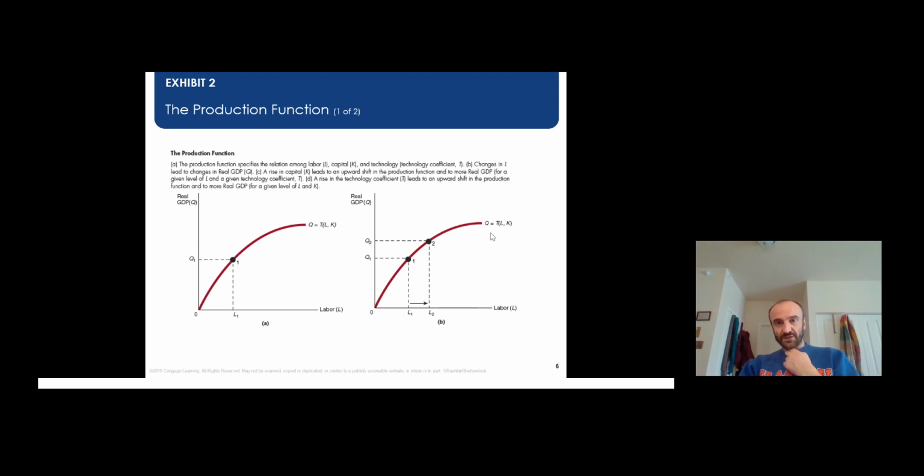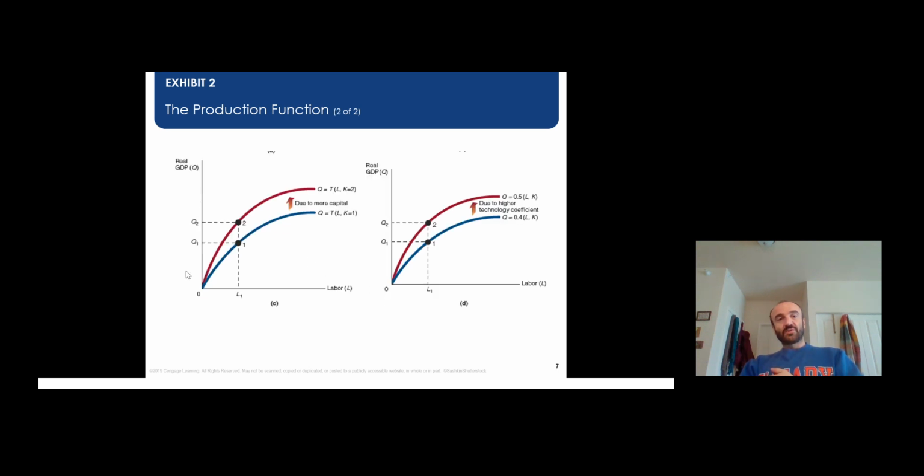So this is the point of this production function curve here. It depicts the relationship between one variable factor and real productivity, whereas the two other factors are kept constant. So now, what can change this production function?